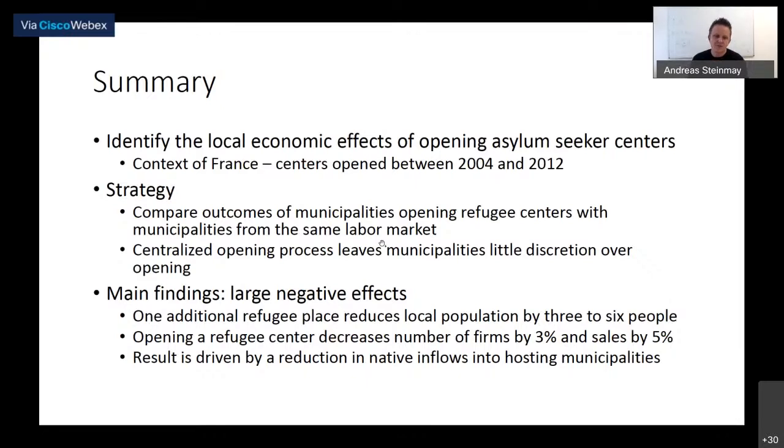And they also find very large effects on other measures, like that opening a refugee center decreases the number of firms in that municipality by 3% and decreases sales by these firms by 5%. And they argue that these results are driven by a reduction in native inflow into these hosting municipalities.